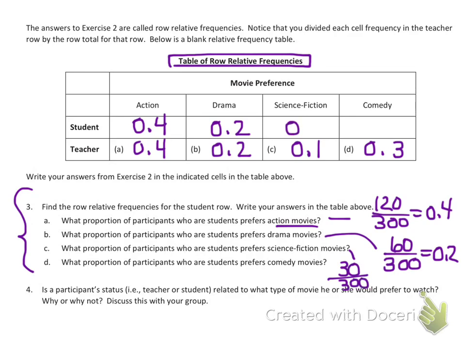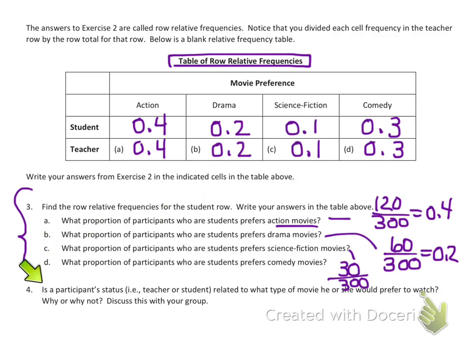So that's going to be 1/10. 30 over 300 is 1/10. And for comedy, we had 90 students prefer that, so that's 90 over 300, and that comes out to 3/10. Okay, these are also percentages, right? We could think of them that way. 40% of students prefer action movies, 20% of students prefer drama, 10%, and so on.